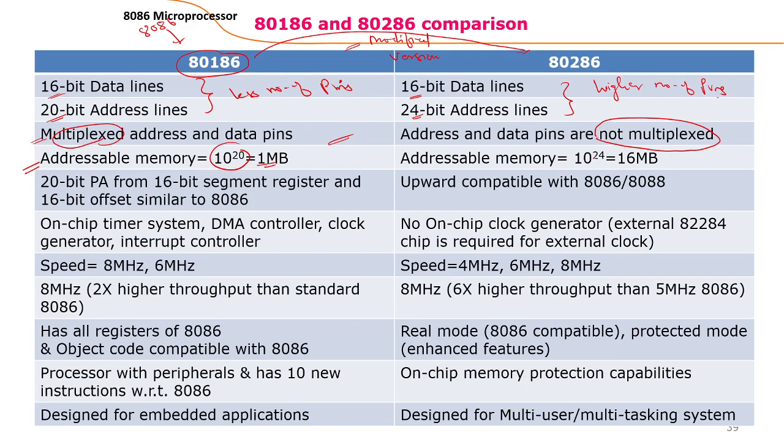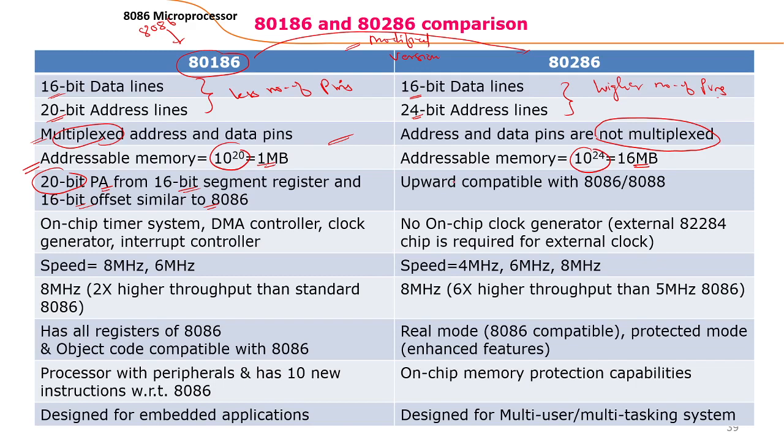In case of 80286, it has 24-bit address lines, that means 16 MB of memory it can address. Here, the 20-bit physical address is given by a 16-bit segment register and a 16-bit offset address, similar to 8086.